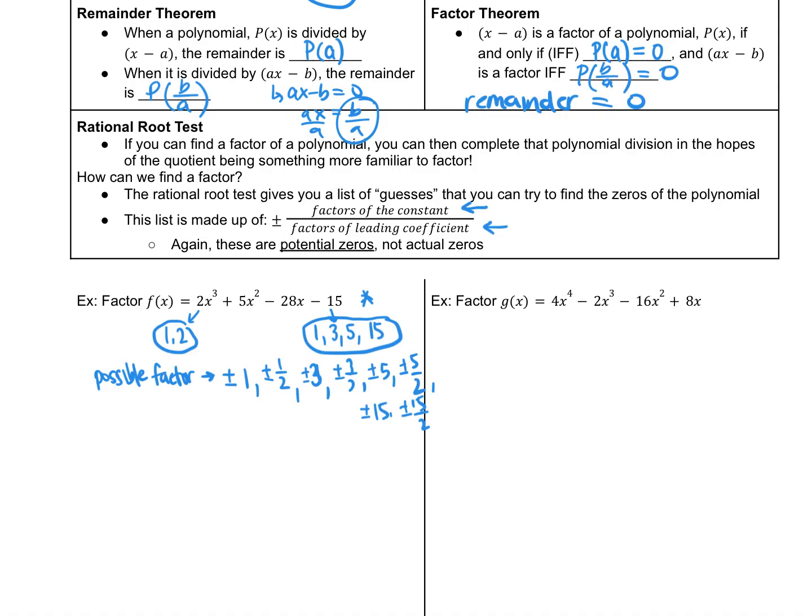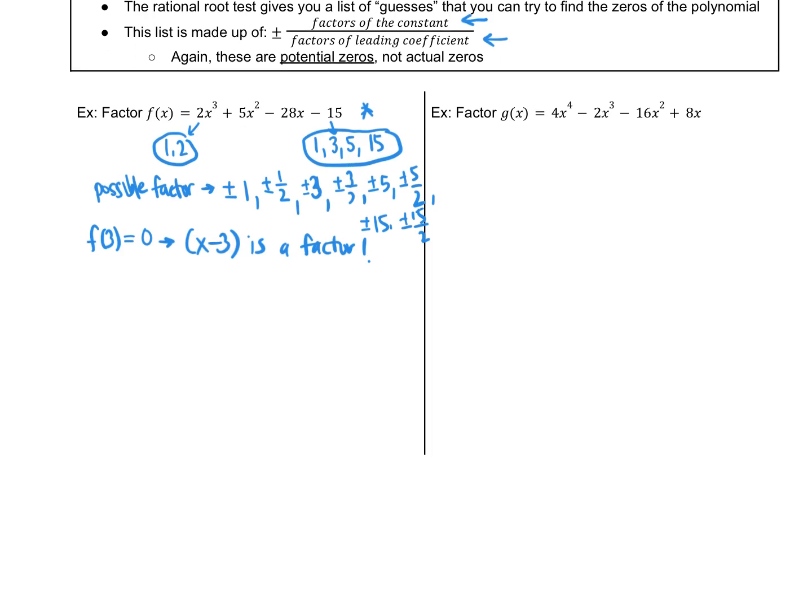And that's a winner. F at 3 equals 0. That means x minus 3 is a factor. And if that's a factor, I can divide my polynomial by x minus 3 and see what I get for my quotient.